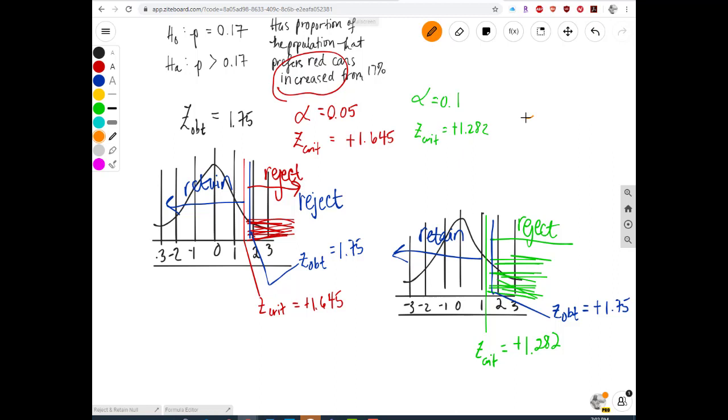Now, if I would have had another z obtained, let's just say my z obtained was 1.00. Okay? In this situation, here's my z obtained.